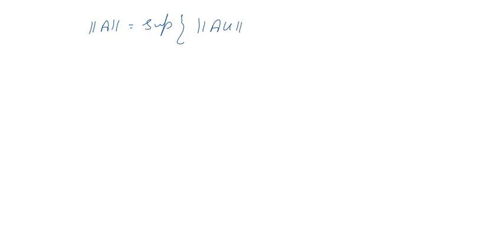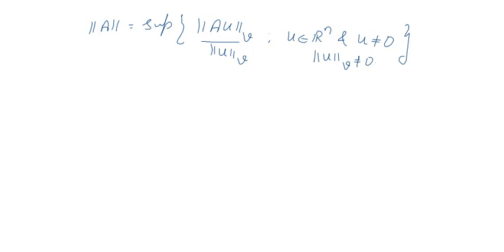Let me show you the proof for both. u belongs to Rn and u is a non-zero vector, so norm of u is non-zero. From here the first inequality is very simple.